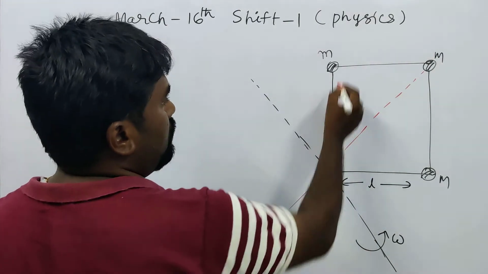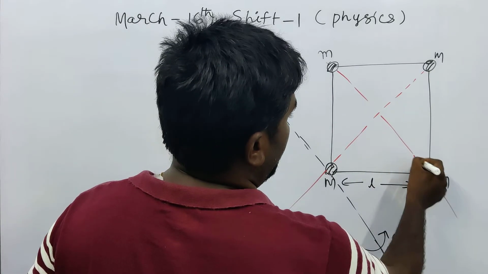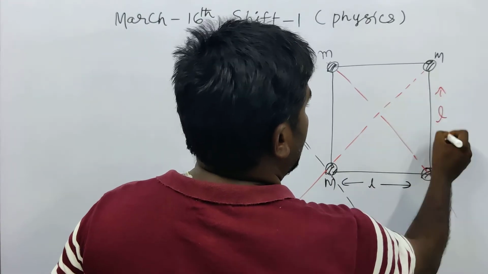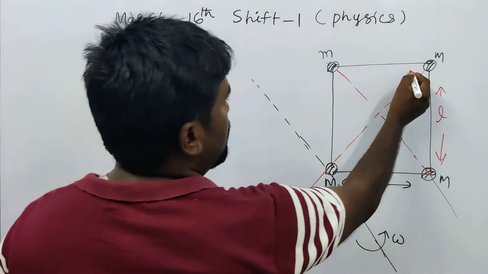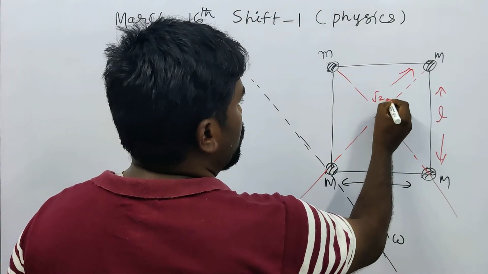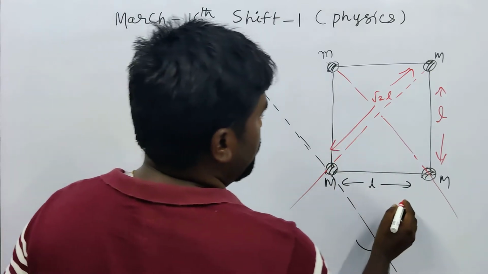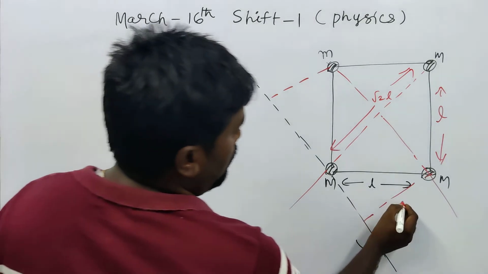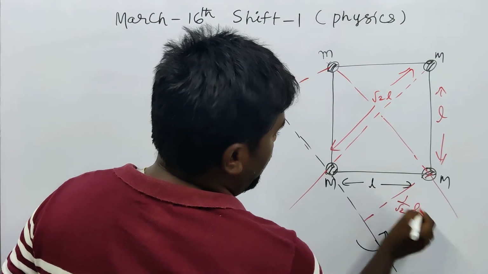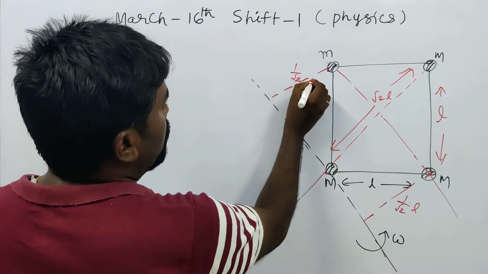The length of the system is L. Here this distance is root 2 L, and here it is 1 by root 2 L.